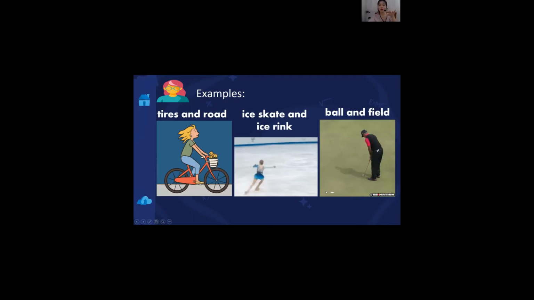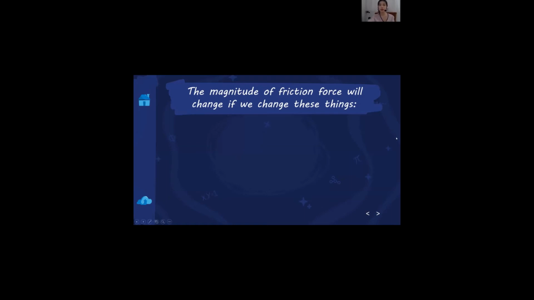And when the ball goes far away from the player, the ball stops. What is the reason why the ball stops? That is again the work of friction. Friction stops the ball.